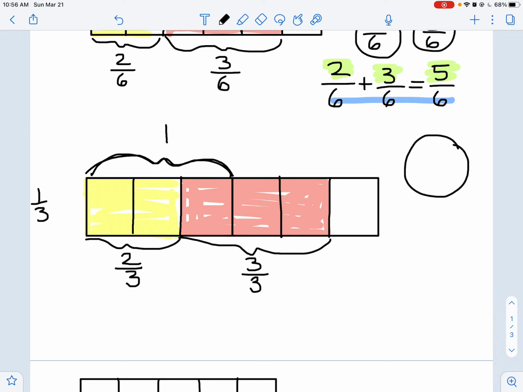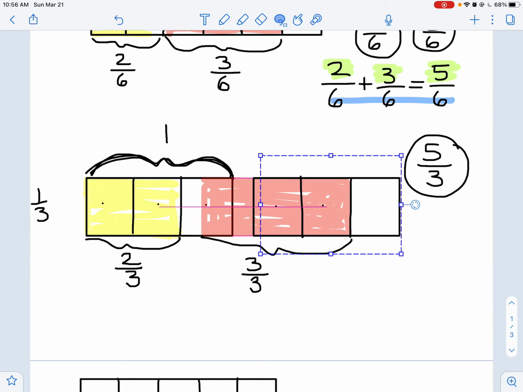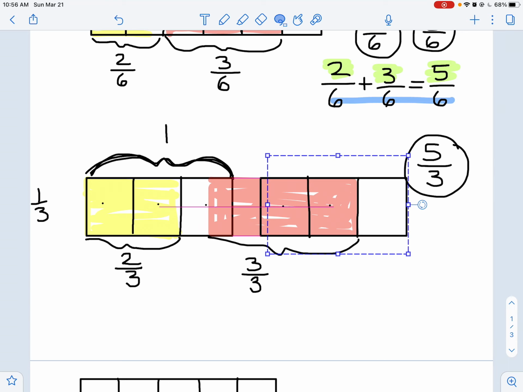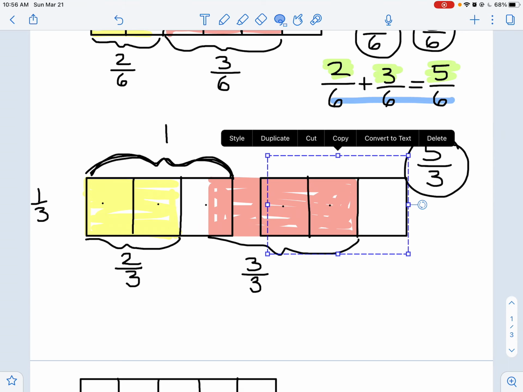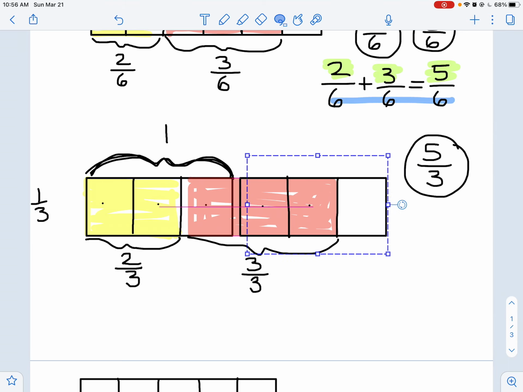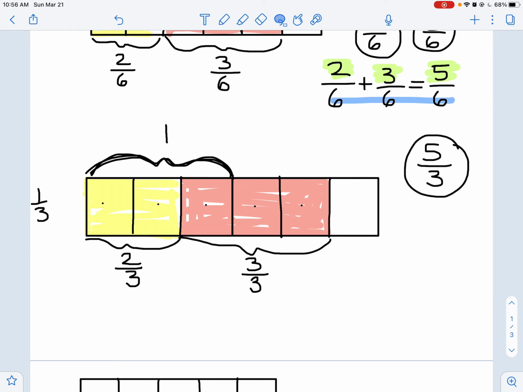So if I look at a number bond, what do I have? How many thirds do I have colored? 1, 2, 3, 4, 5, right? I have 5 colored, and we've said that the unit fraction is thirds because this is our whole. It would be different if the whole thing was our whole, but it's not. Remember, I broke this apart. But remember, this was 2 sets of thirds, and we just stuck them together. Okay?